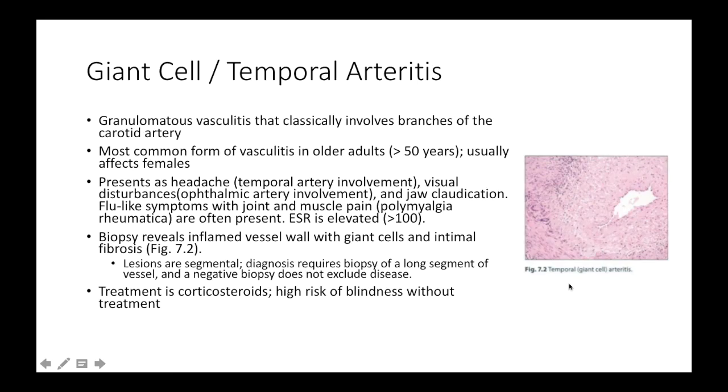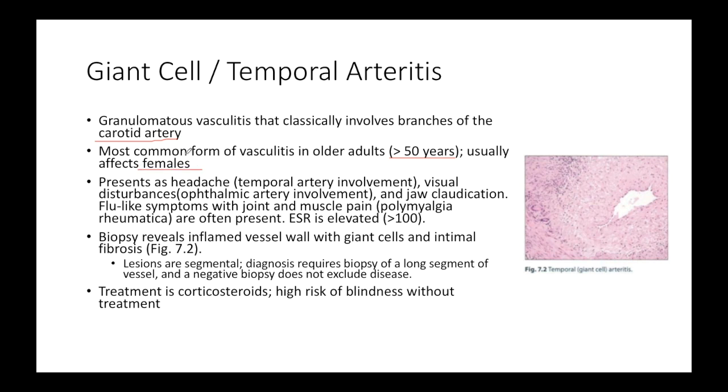The first one we're going to talk about is giant cell arteritis, also known as temporal arteritis. This is a granulomatous vasculitis, and it involves branches of the carotid artery. It is the most common form of vasculitis in older adults over the age of 50 and usually affects females.